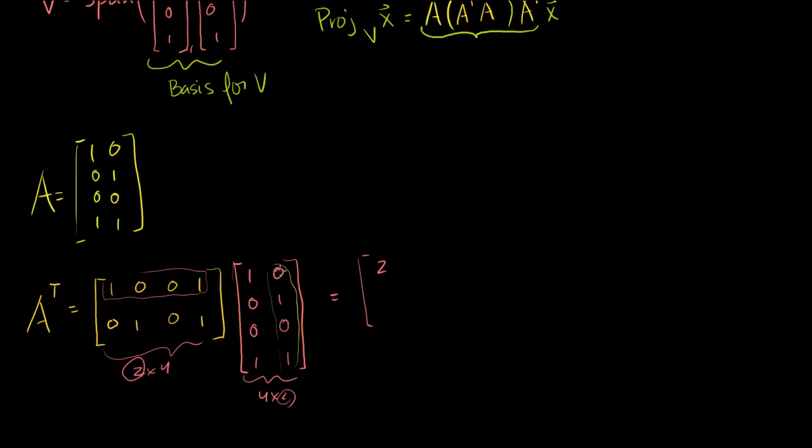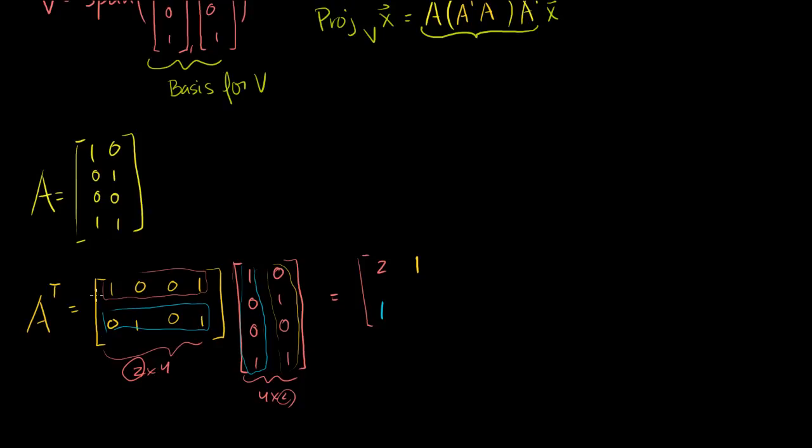So it's 1 times 0, which is 0, plus 0 times 1, which is 0, plus 0 times 0, which is 0, plus 1 times 1, which is 1. Now we do this guy, dotted with this column right there. 0 times 1 is 0, plus 1 times 0 is 0, plus 0 times 0 is 0, plus 1 times 1 is 1.